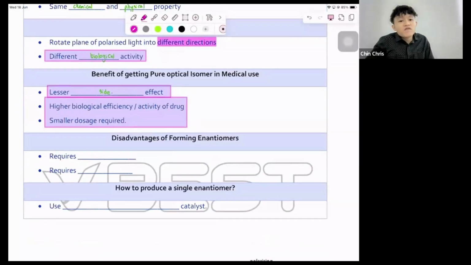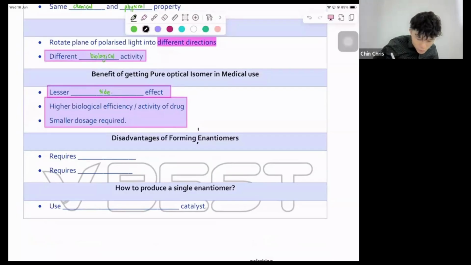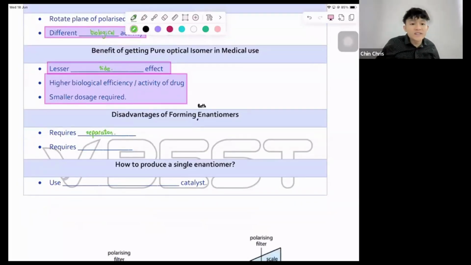Okay guys, what are the disadvantages of forming both enantiomers, or forming a racemic mixture? If the reaction forms a racemic mixture, there's a downside. The downside is it requires separation. And how do you separate it?